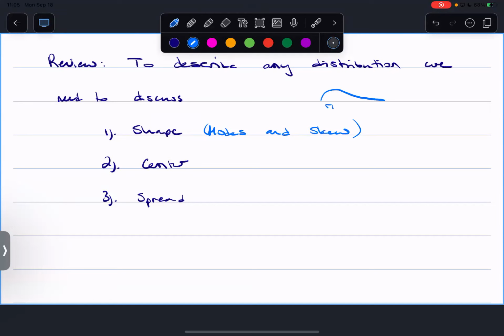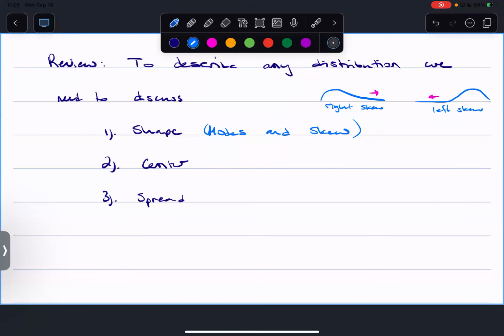And so here, this is a right skew. And something like this would be a left skew. Which, to me, is counterintuitive. So it's worth remembering, it's skewed in the direction of the tail. And we'll see a little bit more why that might be today.